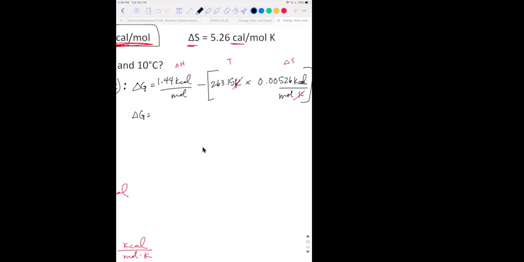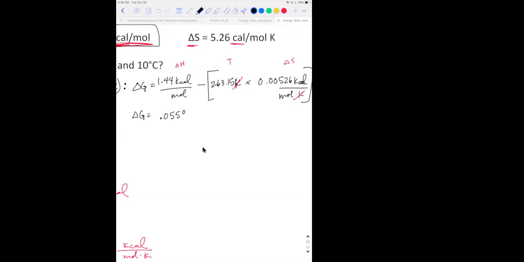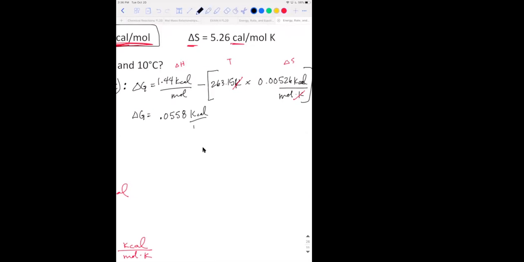I got 0.055831. We'll just say 0.056. We'll stop there. And the units are kcal per mole.